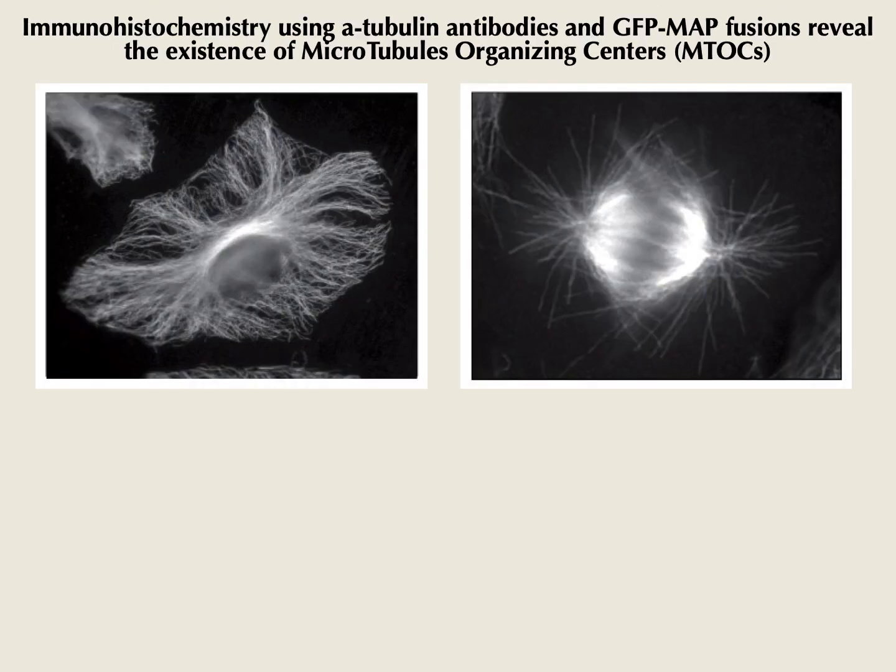So unlike actin, like I said already, microtubules are built from only a few places in the cell. And here I'm showing you a couple of examples. This is a cell in interphase, and you see there's a high density of microtubules here, and they seem to radiate towards the cortex of the cell. The nucleus would be here.